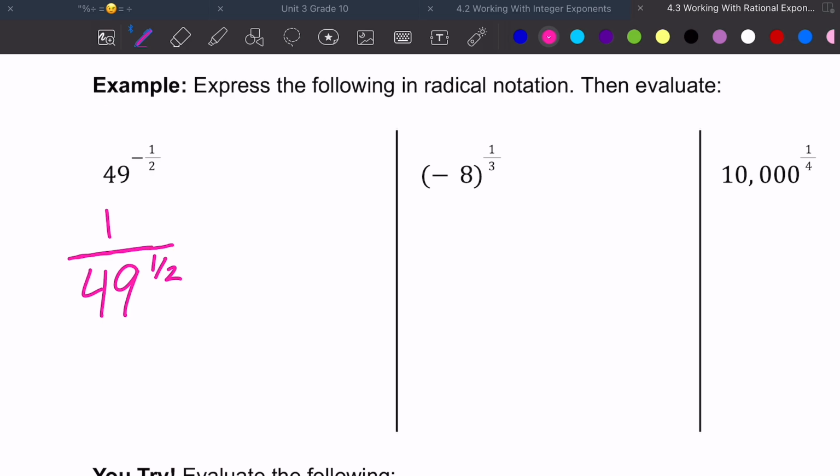Now that it's a positive exponent, I change it. Remember, the denominator of the fraction is sitting on top of the radical. So this is really 1 over the square root of 49, which is a nice number. It is just 7. So this is really 1 over 7.